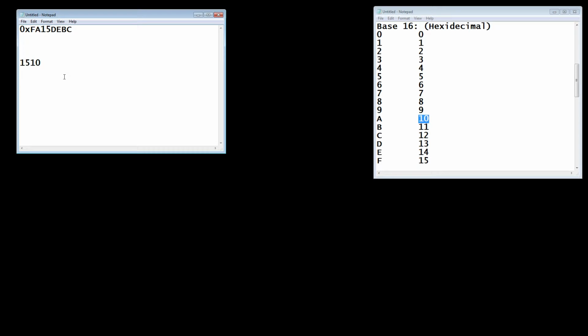Let's look at another example. Let's use 0 and A. That would be 0 and 10, obviously, right? 0, 10. But what if this was 0, 1, 0? And let's say this was 1, 5, 1, 0.